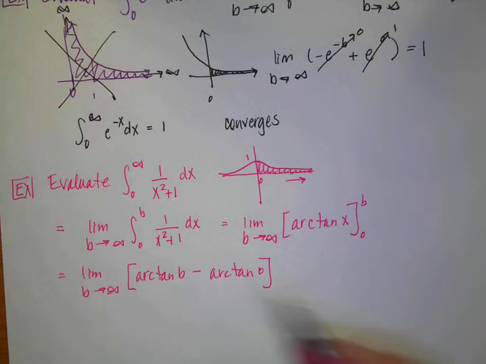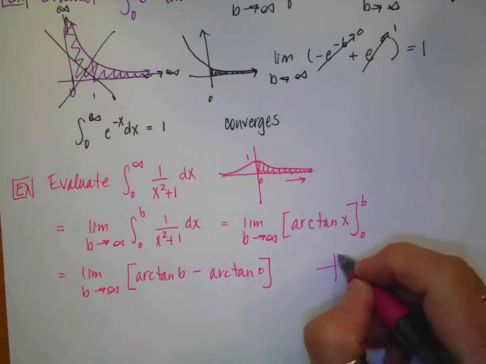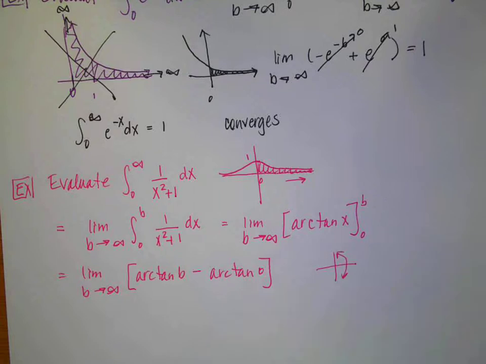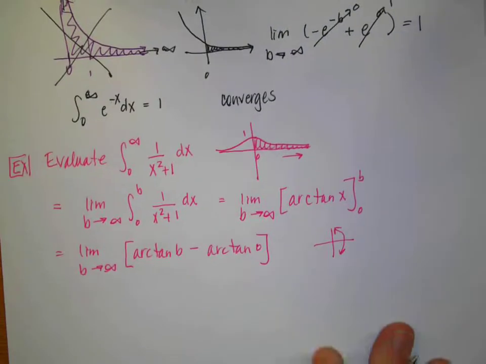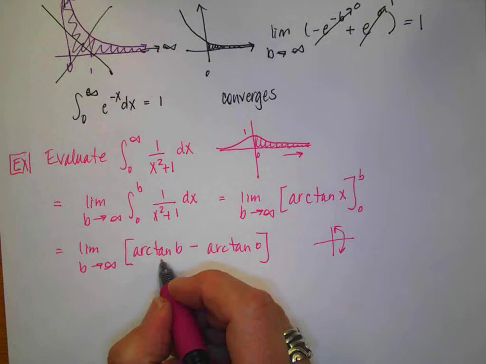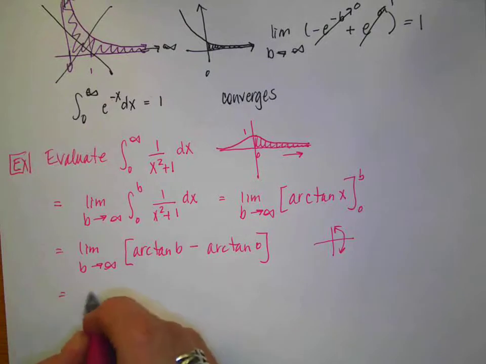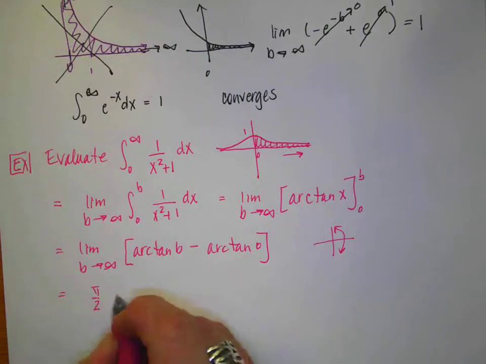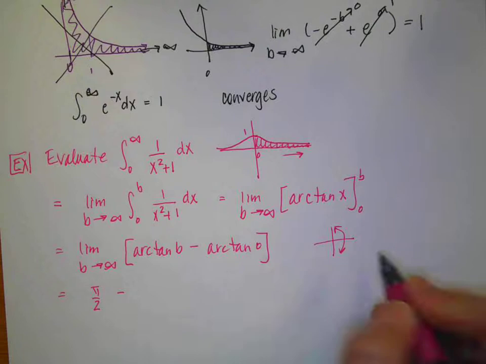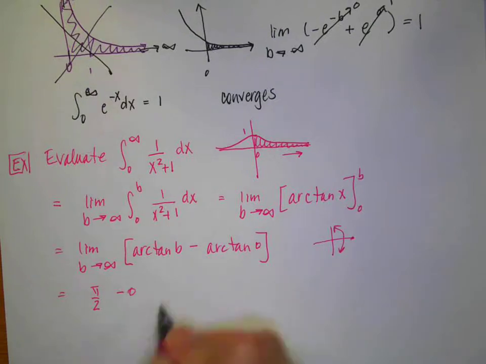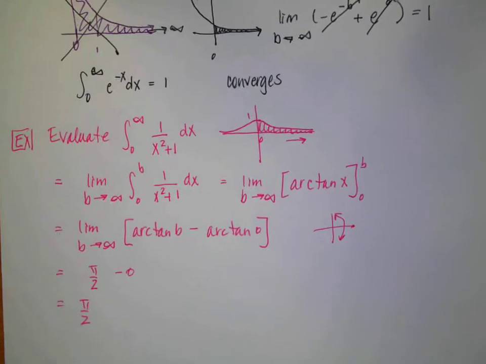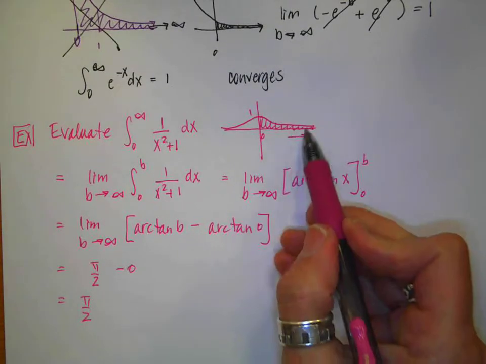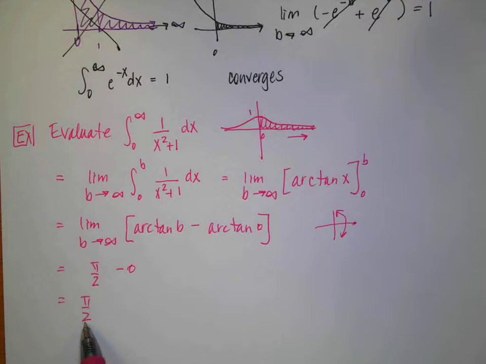Well, the arc tangent of b, as b approaches positive infinity, remember that arc tangent is limited to this side of my unit circle. The maximum value that it can be is pi over 2. So then this is going to be pi over 2, and then the arc tangent of 0 is 0. So then this is pi over 2. And once again, the area under the curve is going to converge to pi over 2.